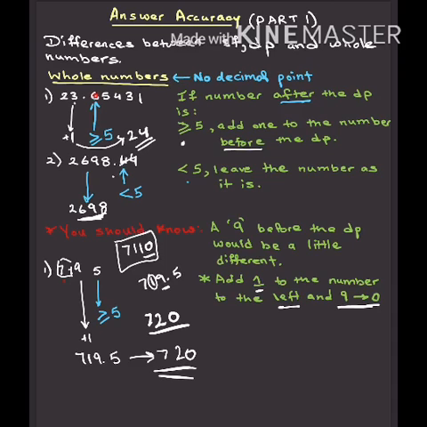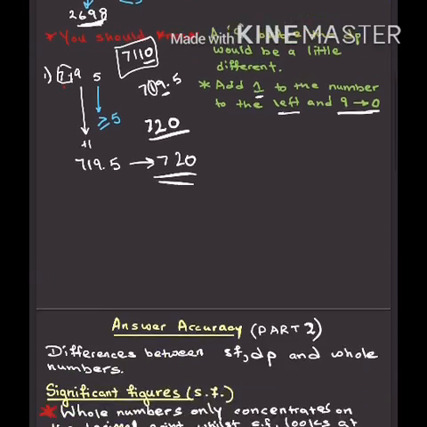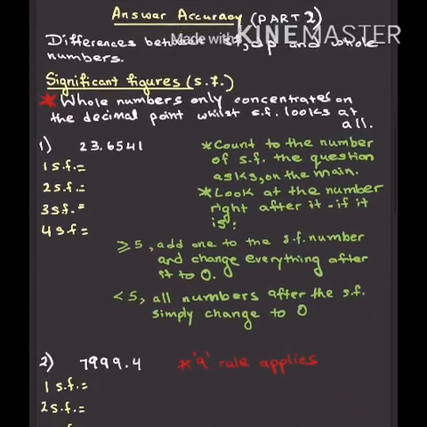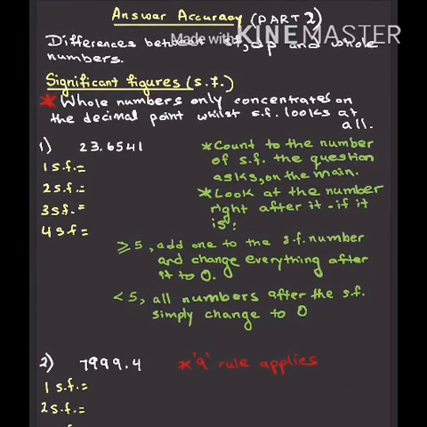This is our focal point. However, for significant figures, we don't have to focus on the number after or before the decimal point. We can focus on any number depending on the question. Like 1 significant figure would mean this, 2 would mean this, and so on. It doesn't matter. So that is the main difference.